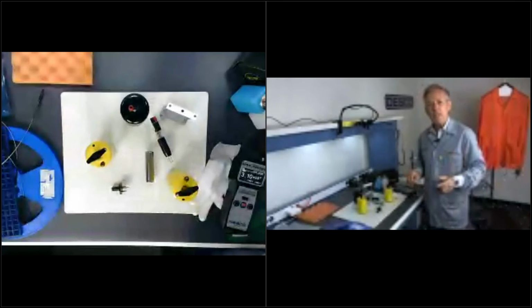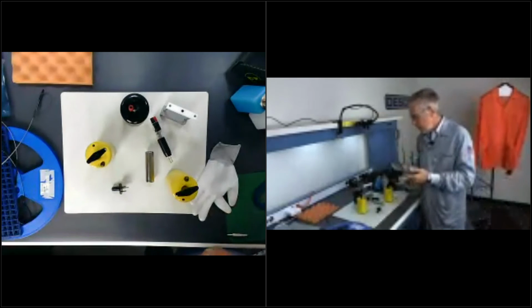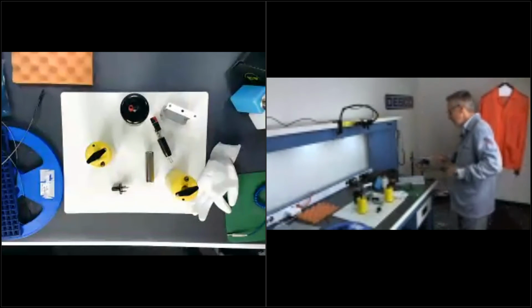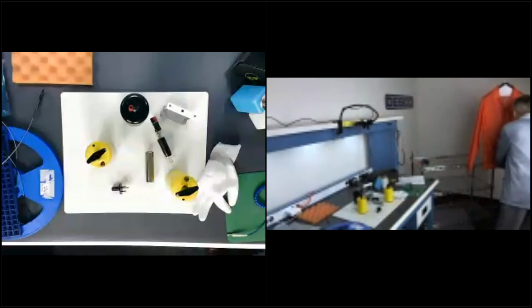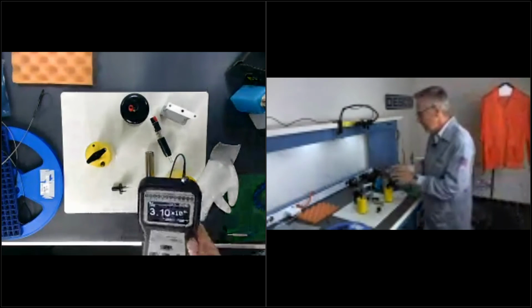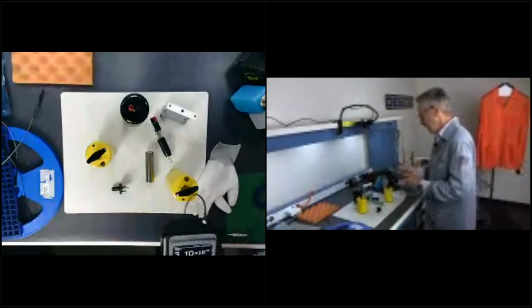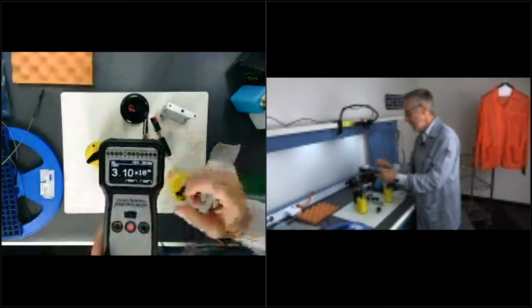One more thing I'm going to show you right now. While I've been taking these measurements, one of the nice features of this digital tester is its memory function. Notice this measurement right here, and at the bottom it says save.